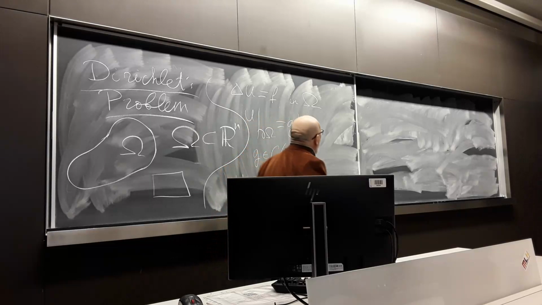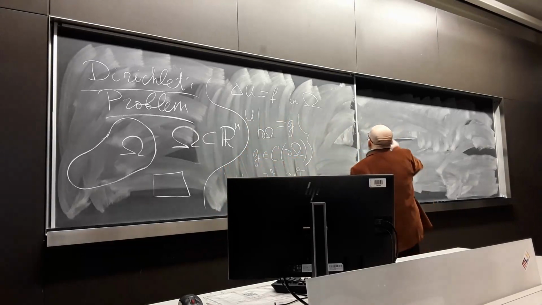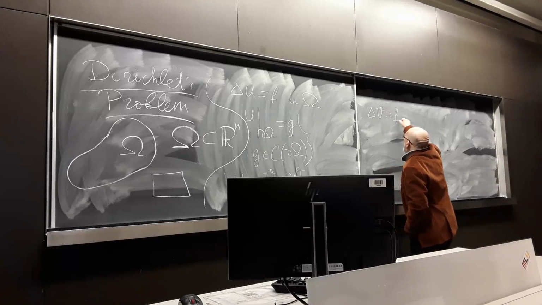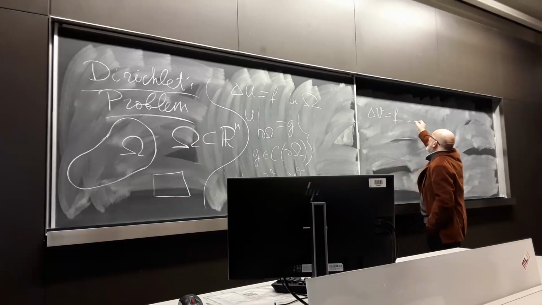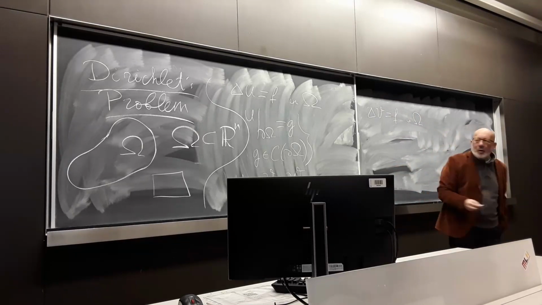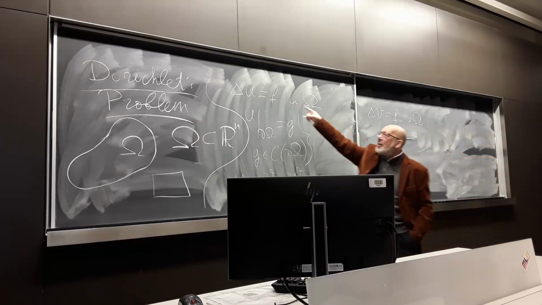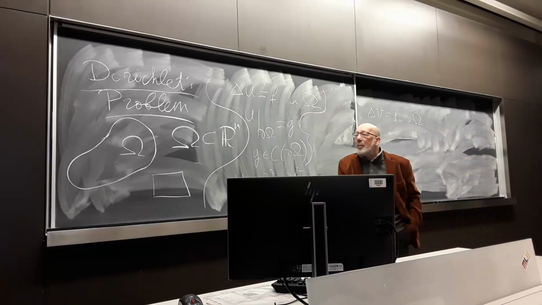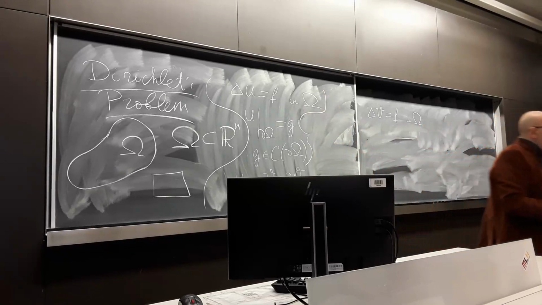So what is v? v is a function such that Laplacian v equals f in omega. Yes? So we solve the equation. But v can behave differently on the boundary. It can be not g.